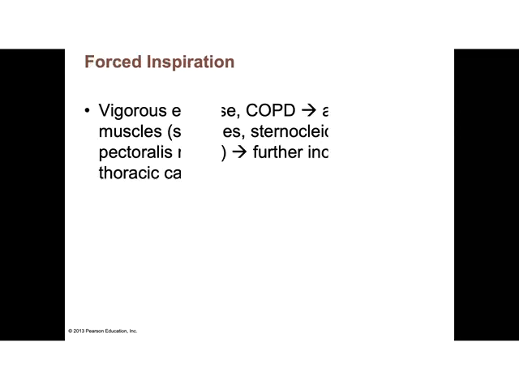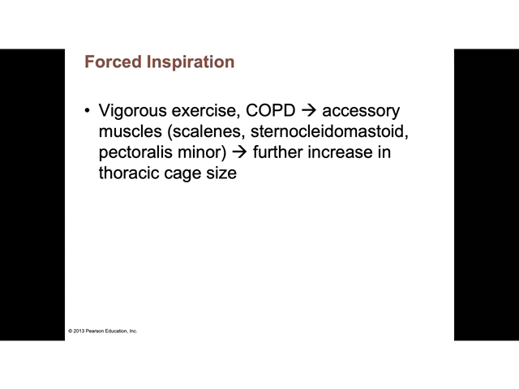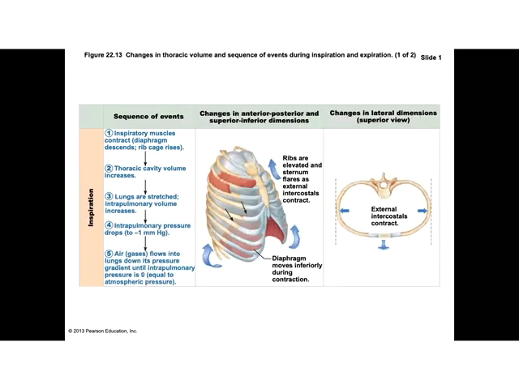Okay? But in forced inspiration, accessory muscles come in, and you can see that we expand the size of the thoracic cage even more, and the result is that we're able to pull more air in, and that gets more oxygen into the blood, and that gets more oxygen to the tissues, including the muscles, and we can sustain the activity longer. Okay?